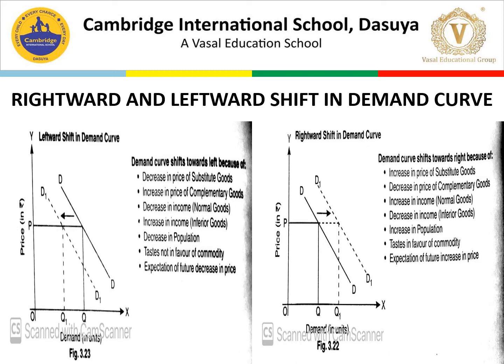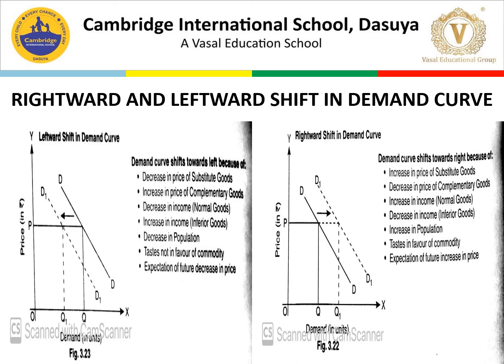Rightward and leftward shifts are indicated again in your chapter, showing how the ceteris paribus factors create these shifts. These are the factors which are always constant in nature.